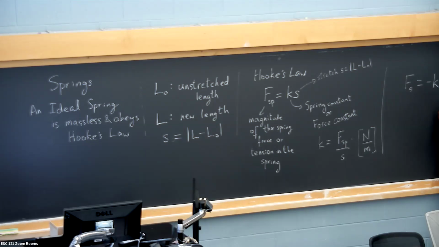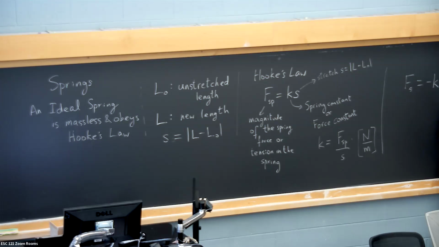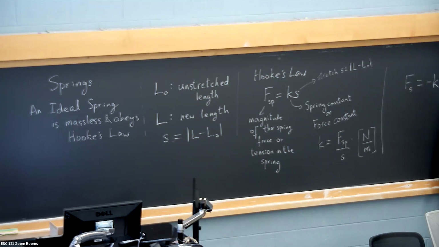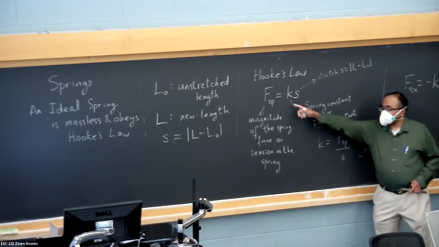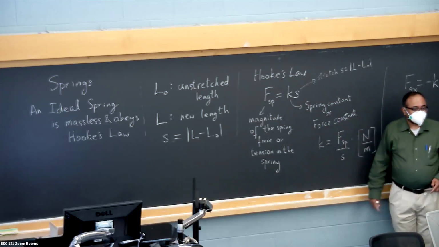It's not wrong, but it's not the best notation. The reason is minus signs tend to depend upon how you set up your coordinate system. So really, the x component of the force of the spring is minus kx. If you're just talking about the magnitude, then you don't need a minus sign.